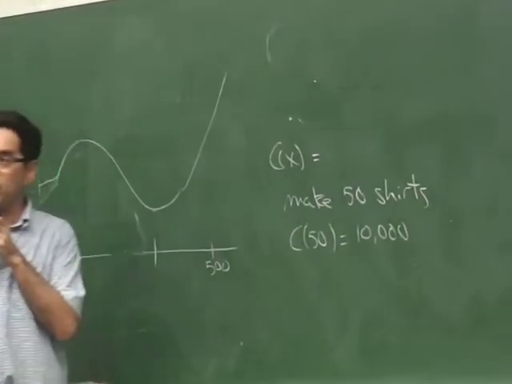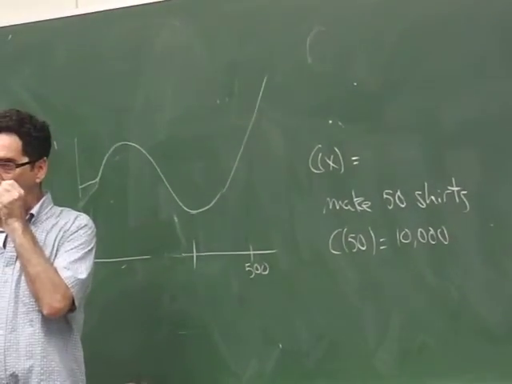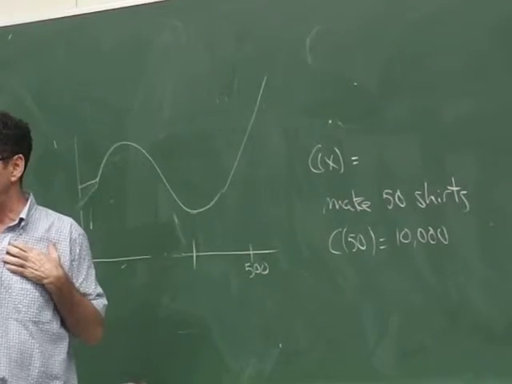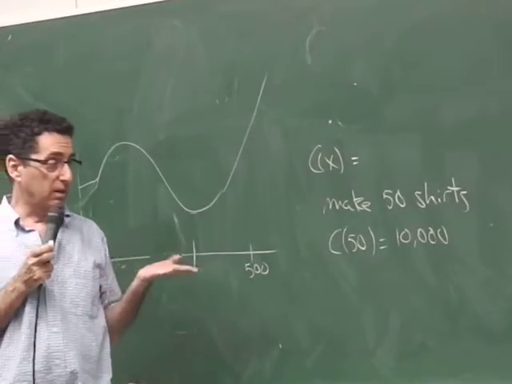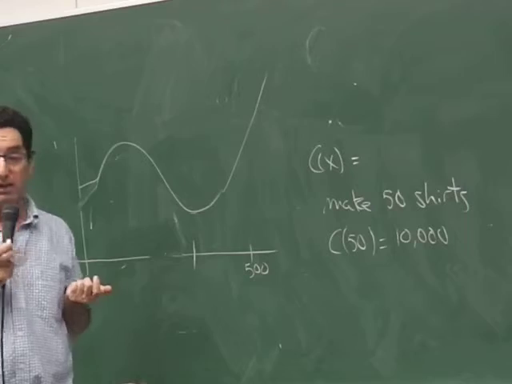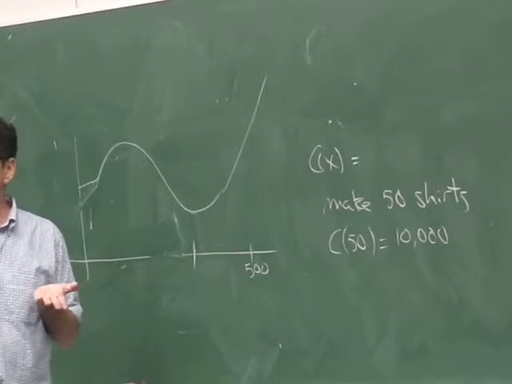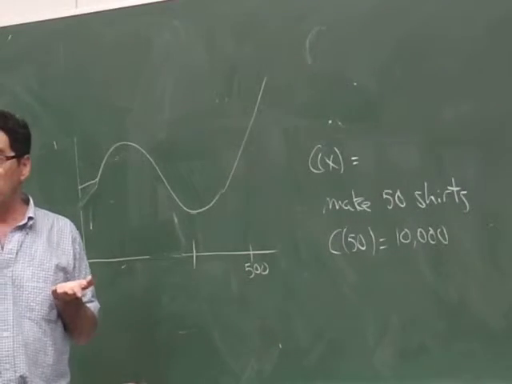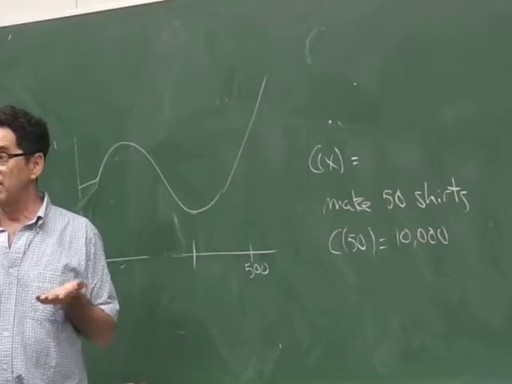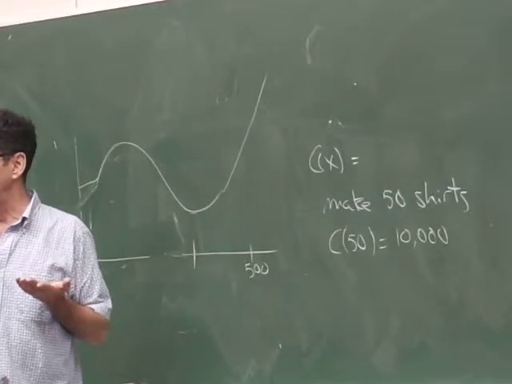Then what's the average cost for those 50? It's 10,000 divided by 50, right? So how did we get the average cost? We took the cost function and divided it by the number that we produce.